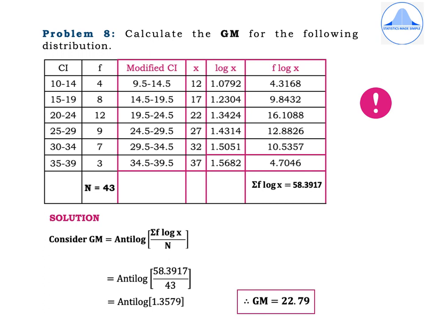So the modified class intervals are 9.5 to 14.5, 14.5 to 19.5, 19.5 to 24.5, 24.5 to 29.5, 29.5 to 34.5, and 34.5 to 39.5. Now find out the midpoints x, that is 12, 17, 22, 27, 32, and 37.